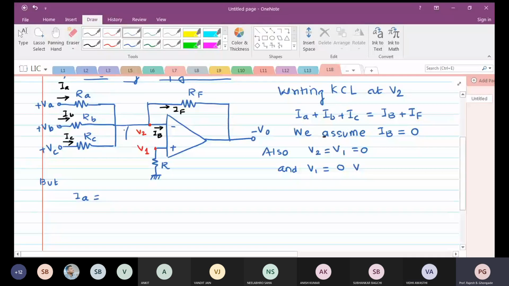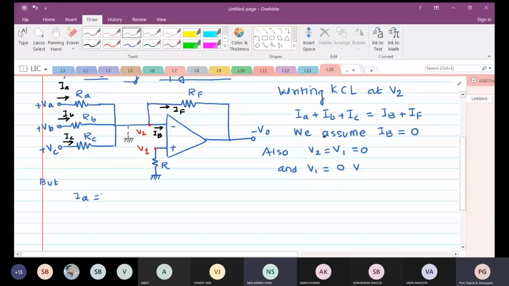This node is at virtual ground. That is a basic property, no? That is the reason why we have said V1 equal to 0, so V2 is also equal to 0. V2 equal to V1 equal to 0. Is it clear up to this point, guys?